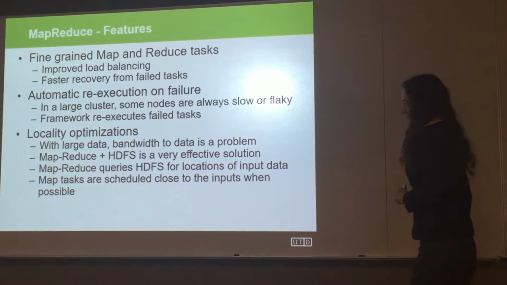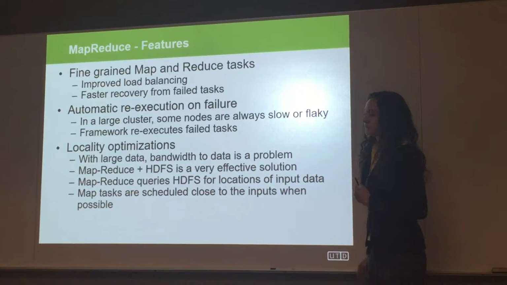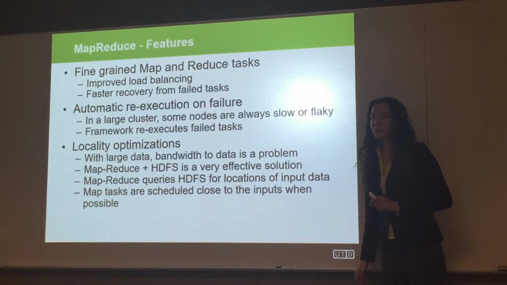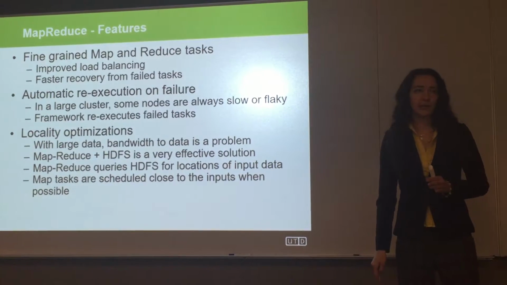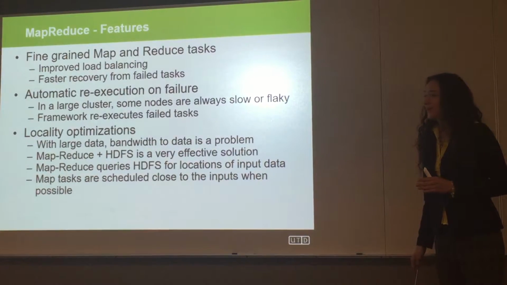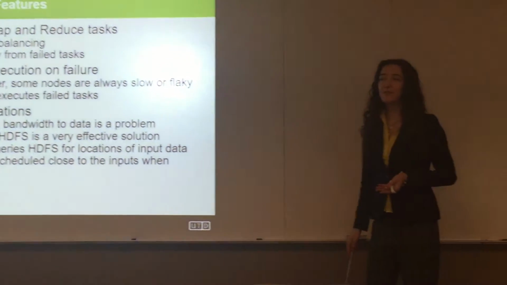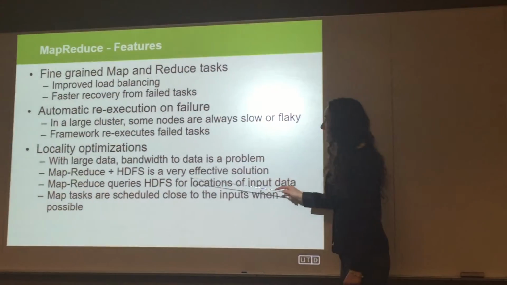So bandwidth, that is again the amount of data that can be transferred per second on a particular network link. So the more data we have to transfer, the data is large, obviously it will be slow because it's going on the network.